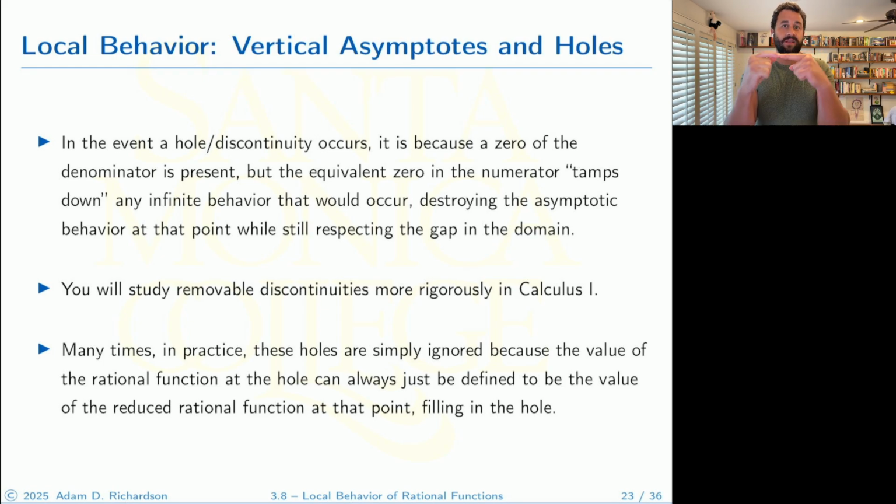What you're left with is not infinite behavior, but a little hole right there. You're left with a hole because the only reason an asymptote would occur is if there's a zero in the denominator, which means that point is not included in the domain of the function. But that equivalent factor in the numerator cancels out that infinite behavior. That's the idea, all right?